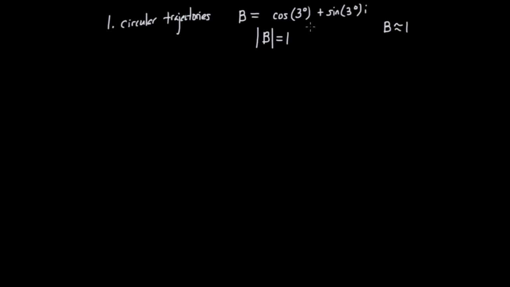That is to say, the amount of rotation that it exerts on any given point, let's say A is located right there, the amount of rotation that it exerts on any one of these numbers by sending it to AB is quite small. And this is a function of choosing 3 degrees as opposed to, let's say, 90 degrees, which is going to rotate by quite a bit. So that's what's going on in that first visualization.